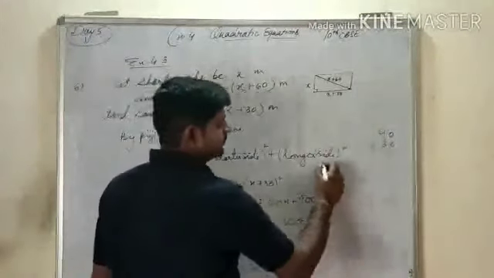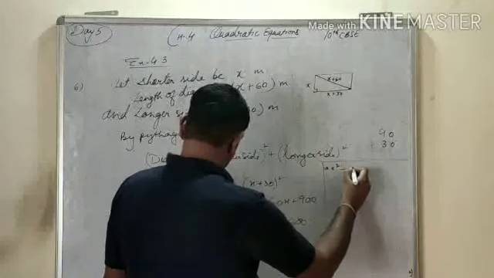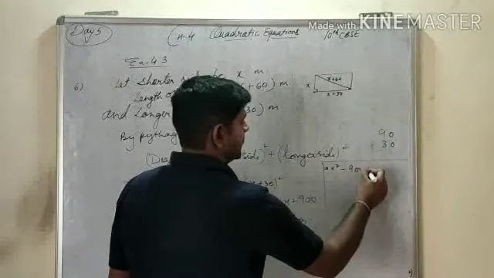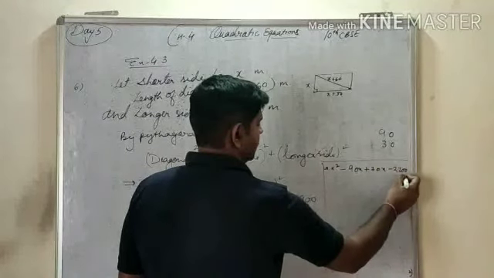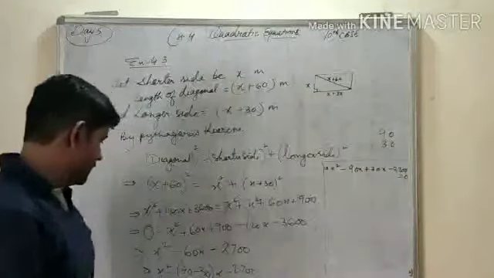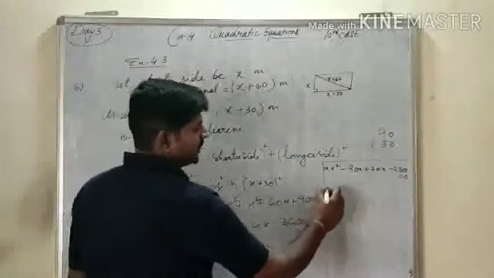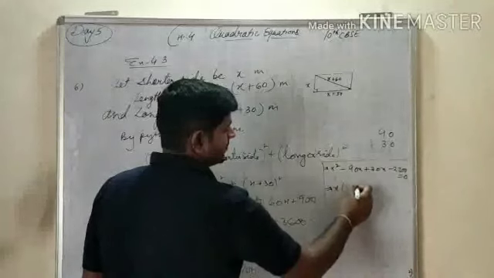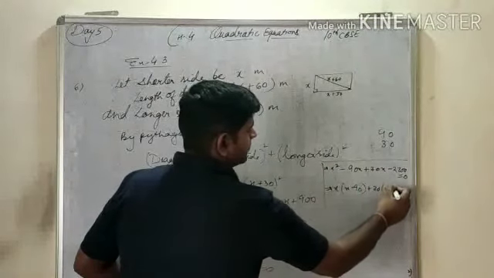Let's solve here. In the first two terms, x is common, so x minus 90 is left, plus 30 common, so x minus 90 is left.